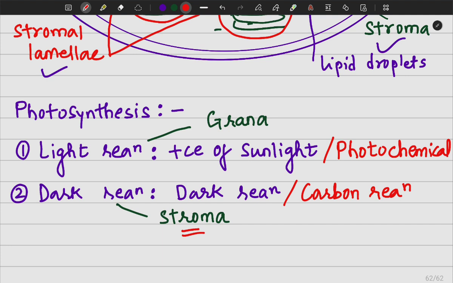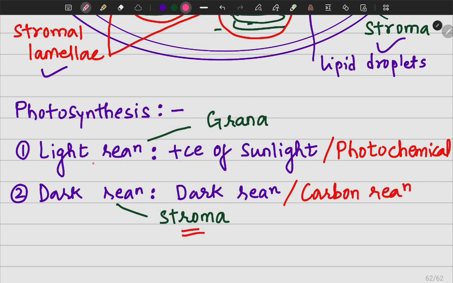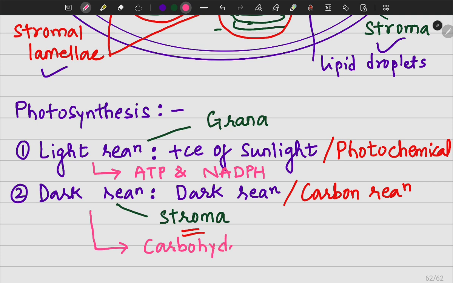There's one more thing for you to remember, that the products of light reaction are ATP and NADPH, and the product of dark reaction is carbohydrate formation, or you can say sugar formation, sugar synthesis, or sucrose synthesis.